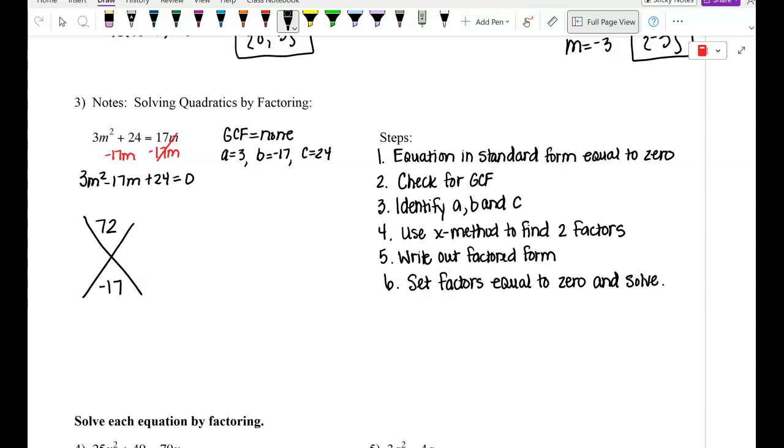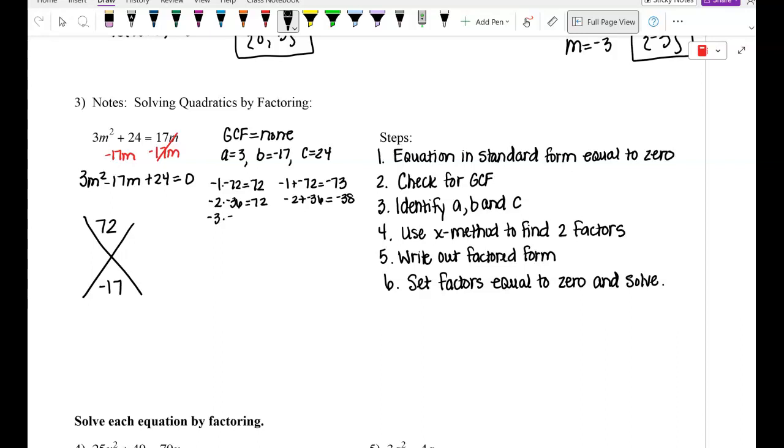And I always tell you this, if you know what the two factors are, great. What I'm going to write down now, you could do on your calculator and don't have to write down. I'm just showing you the process I go through. Negative 1 times negative 72 is 72. Negative 1 plus negative 72 is negative 73. Negative 2 times negative 36 is 72. Negative 2 plus negative 36 is negative 38.